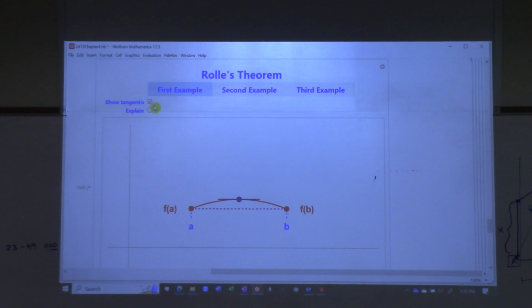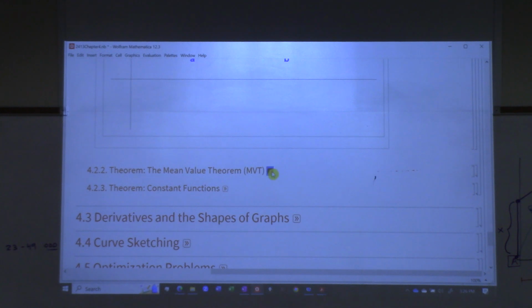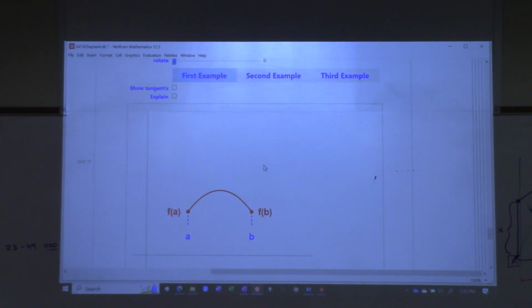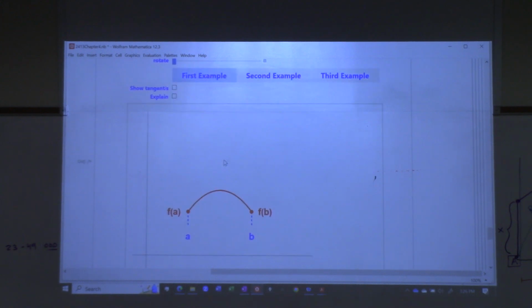Makes sense. Now we get on to the theorem for this section, which is called the mean value theorem, which is just an extension of Rolle's theorem. I'll get to the theorem in a second, but just look at this right here. This is Rolle's theorem. Imagine that we had this scenario where the 2 endpoints weren't the same anymore, like this.